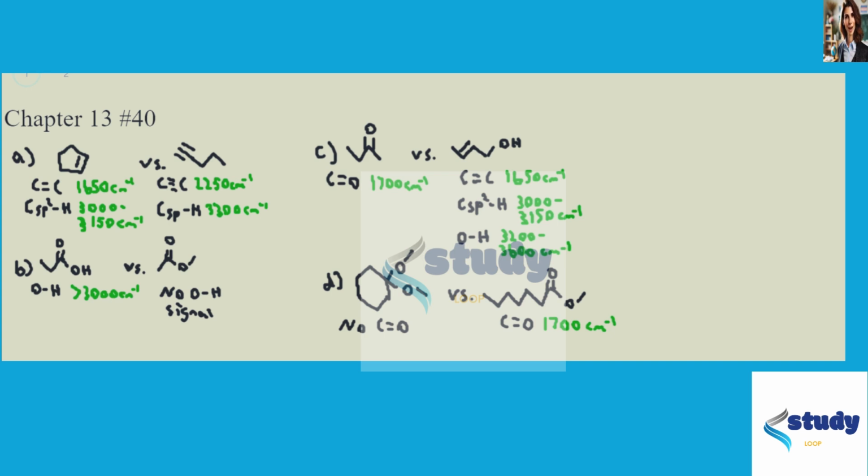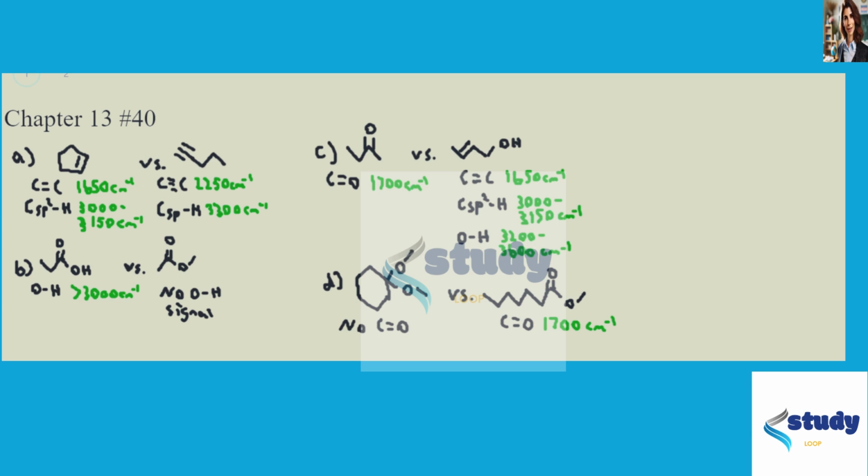That's going to show between 3000 and 3150. The alkyne is obviously going to show the carbon-carbon triple bond at 2250 and the C-sp H bond at 3300.